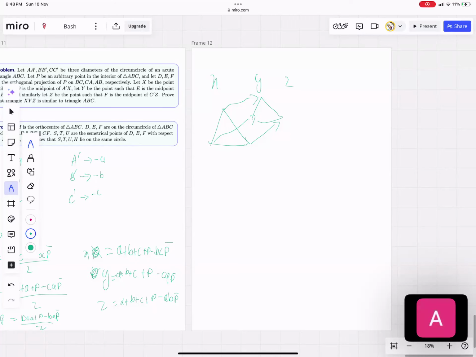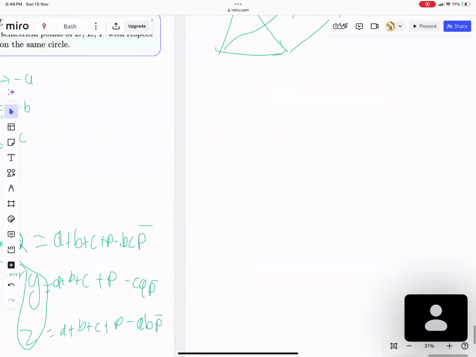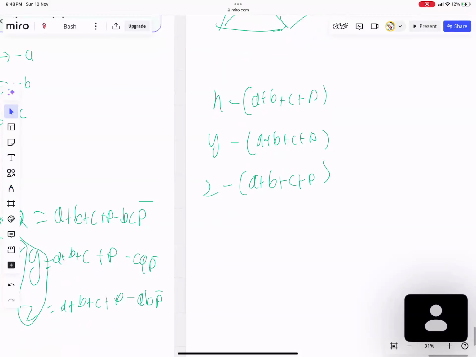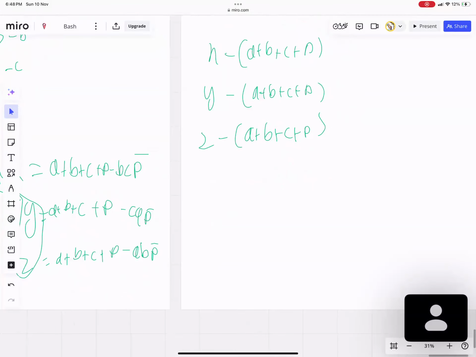Yes. So if you want to show that x, y, z is similar to ABC, you want to show that x minus (a plus b plus c plus p), y minus (a plus b plus c plus p), and z minus (a plus b plus c plus p) is also similar to ABC. Is this clear to everyone?